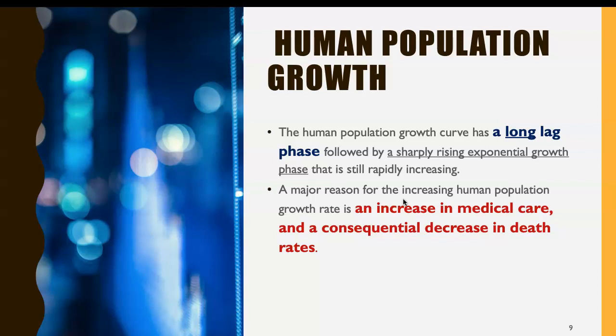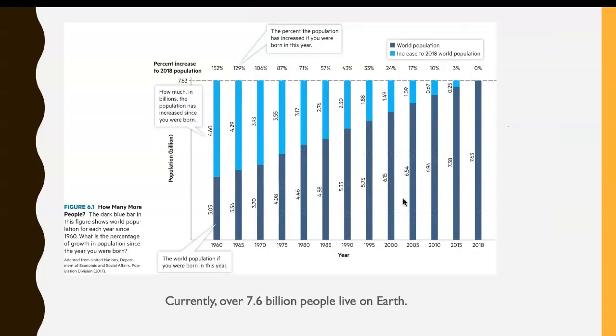So to summarize, the human population growth curve has a long lag phase, followed by a sharply rising exponential growth. And the major reason is an increase in medical care and a consequential decrease in death rates. And now over 7.6 billion people live on Earth.